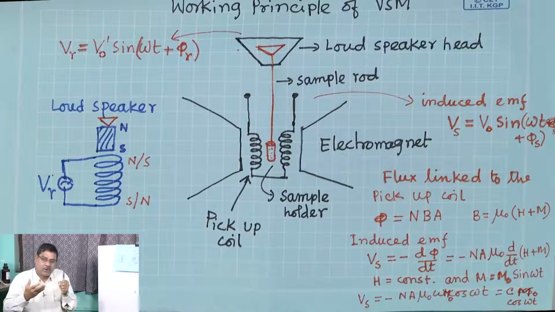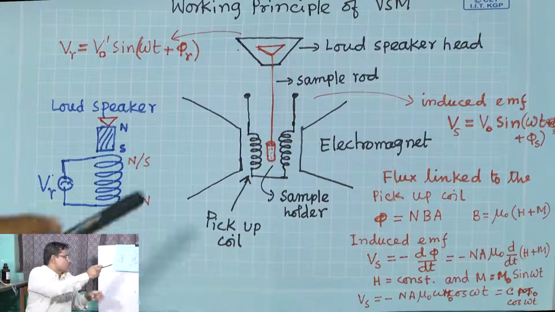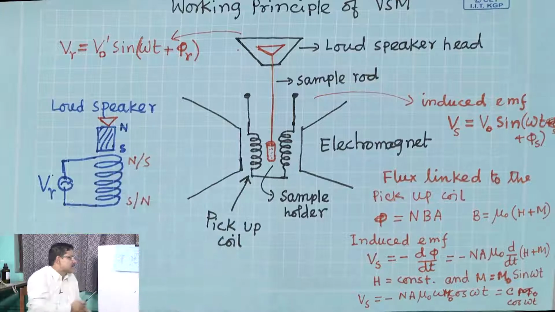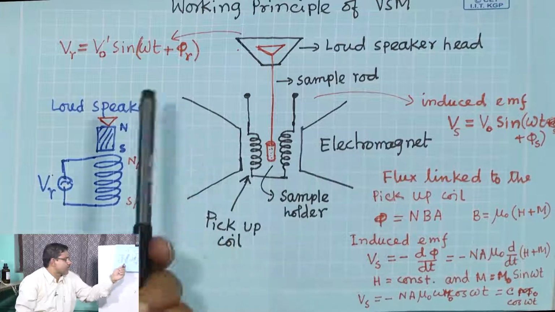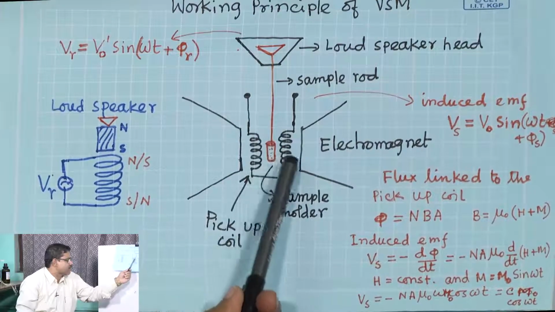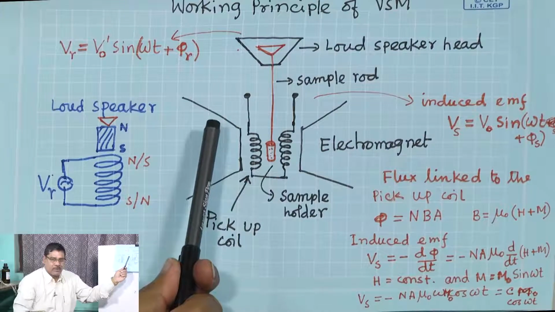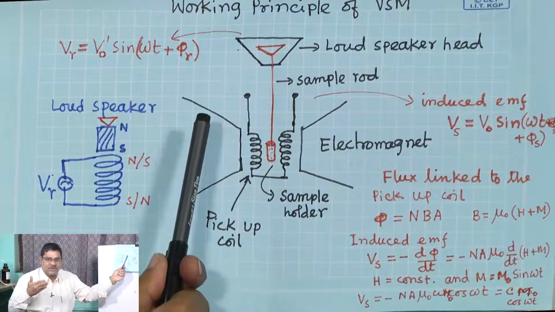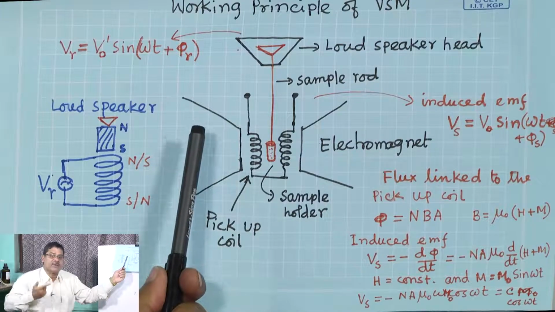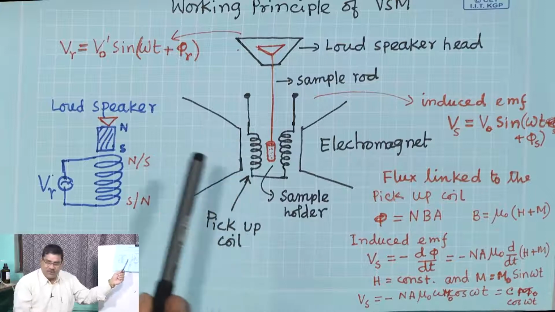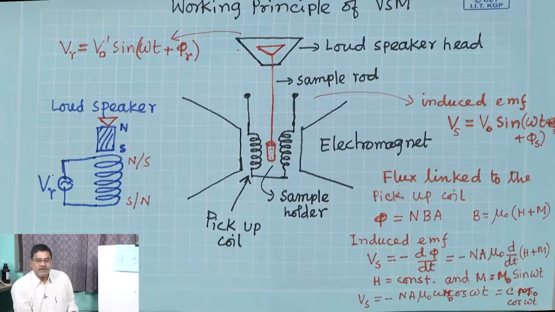This induced EMF is related to the flux, and flux is related to the magnetization. Whatever the magnetization, it will give lines of force, flux, and that flux will link with this coil, but there will not be any induced EMF as long as this flux is not varying with time. So I need to vary the flux linked with this coil.